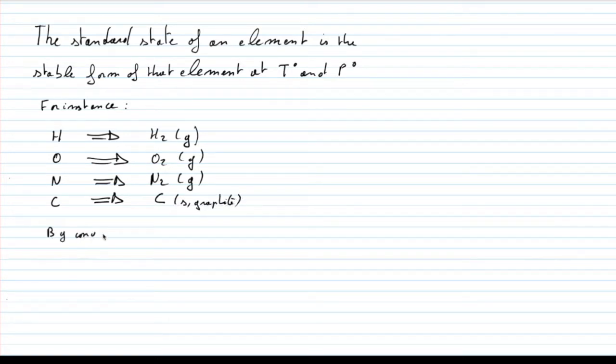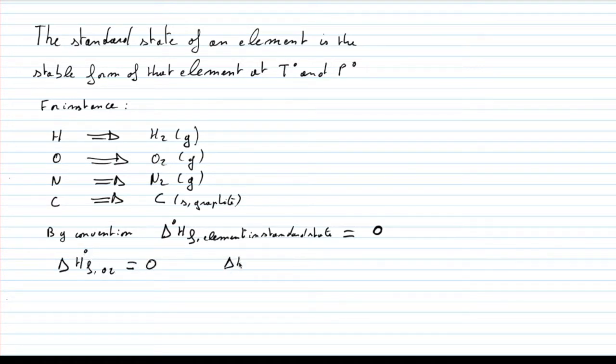By convention, the standard state enthalpy of formation of an element in its stable form is therefore equal to 0. Consequently, the enthalpy of formation of H2 in gaseous form is 0, the enthalpy of formation of dioxygen in gaseous form is 0, and the enthalpy of formation of dinitrogen is 0 too.